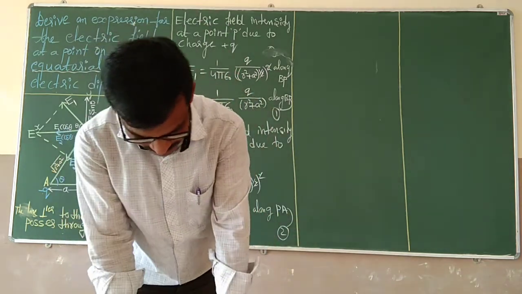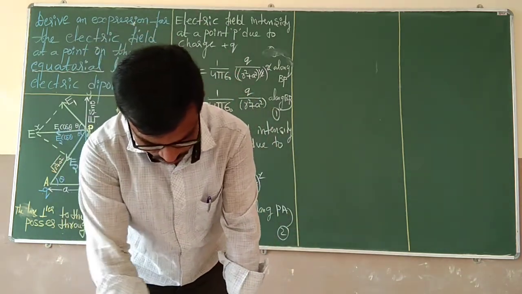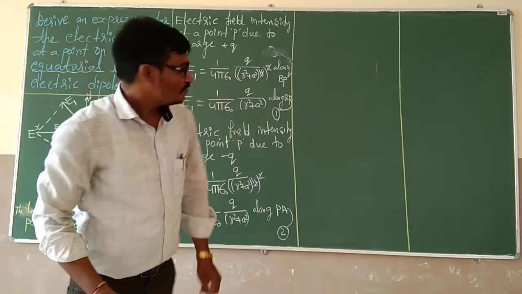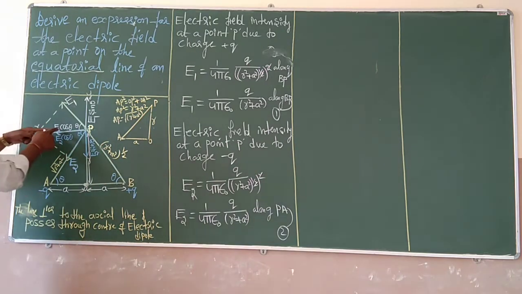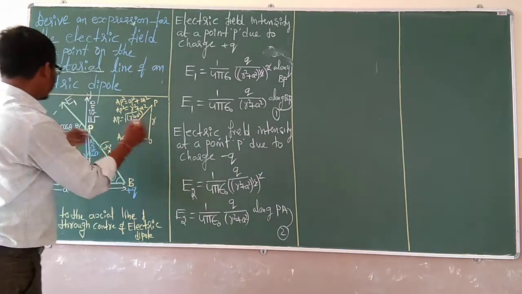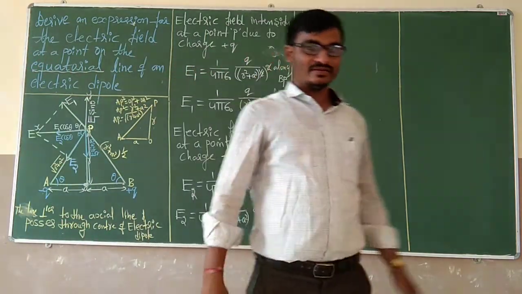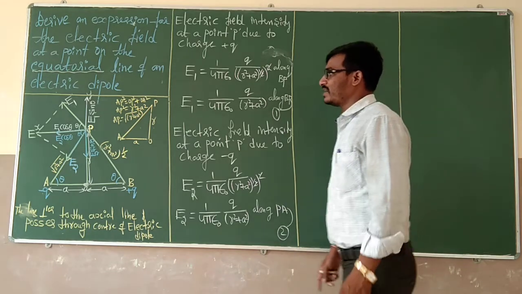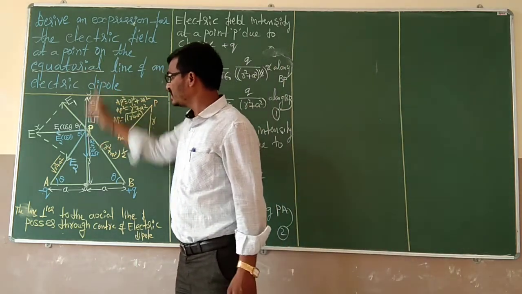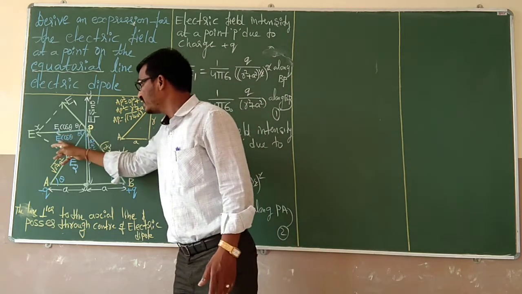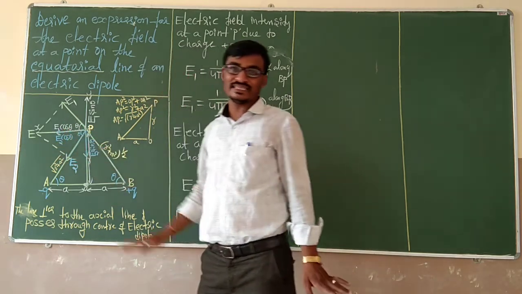Here after completing equation number 2, these two get cancelled, but E1 cos theta as well as E2 cos theta are moving along the same direction, along PX. They should be added. But here they are moving in opposite directions, automatically they get cancelled. But these E1 cos theta, E2 cos theta do not cancel each other.